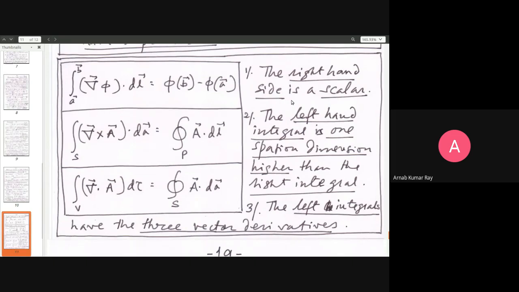The right hand side is a scalar quantity in all the three cases. The left hand integral is one spatial dimension higher than the right integral. Area, volume, length, area, point, length. The right hand side here is not an integral, but what is an integral after all?